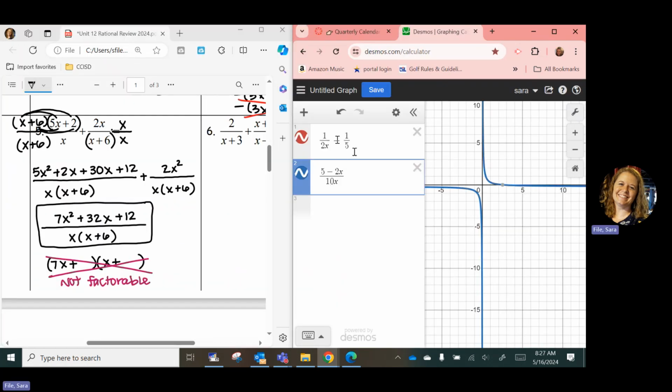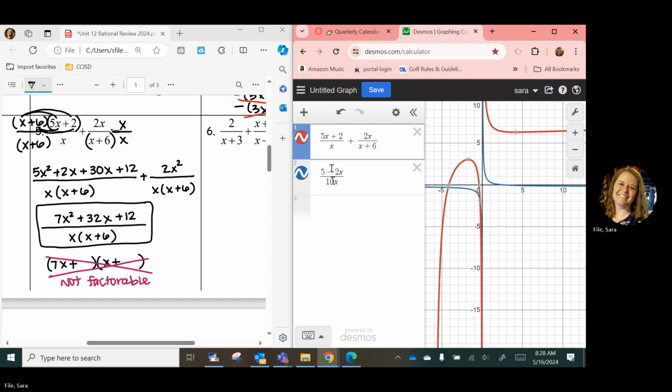So you can type in your original expression, 5x plus 2 over x, and then plus 2x over x plus 6.